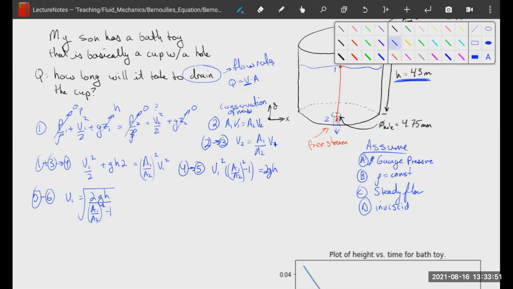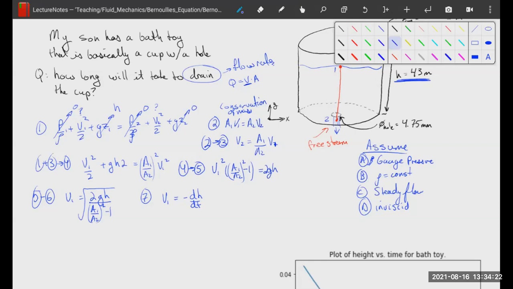In fact, we can say that equation 7, V1 is equal to negative dh/dt, which makes total sense. The velocity is equal to the negative rate of change of the height of that interface. The negative is there because we've been using velocity as if it had no sign. So a positive velocity down is actually a negative change in height, right? So that's why that negative is there.